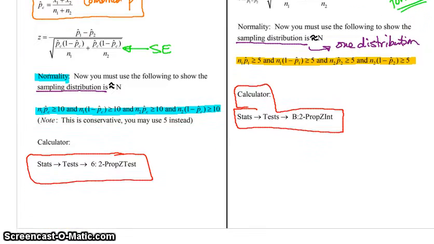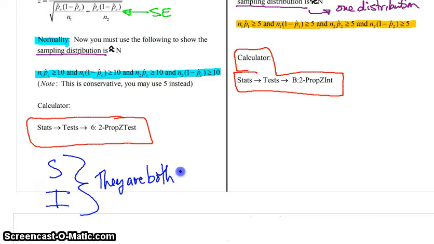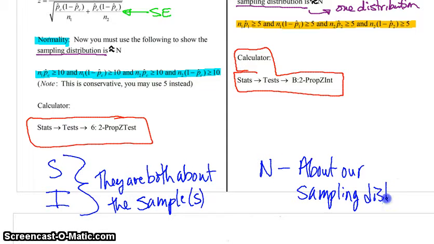Now, as we said in class, I do want to give you a little bit of a reminder about a few things. Number one, S and I, our first two conditions, they're both about the sample. In this case, it'll be the samples, whereas N is all about our sampling distribution.